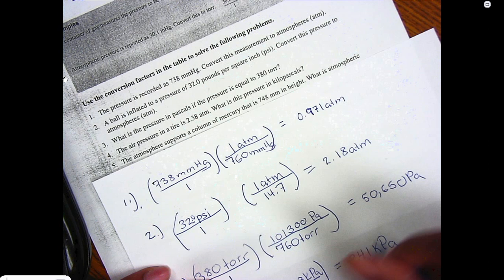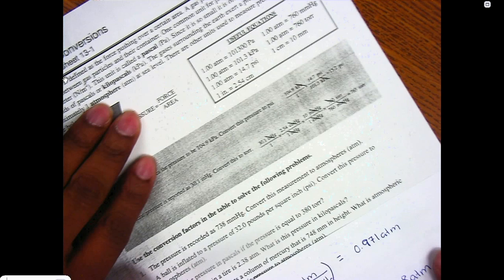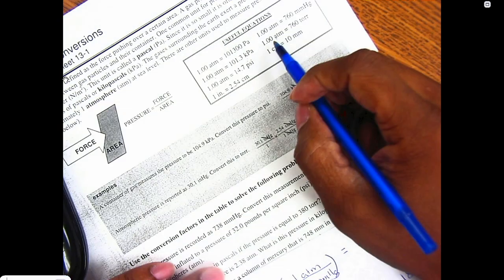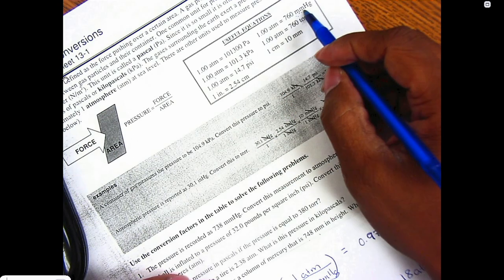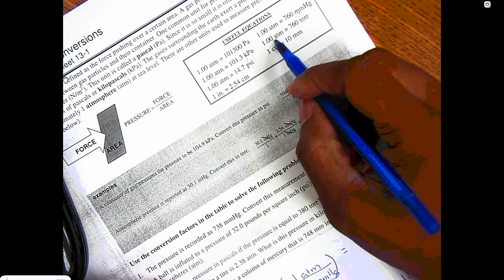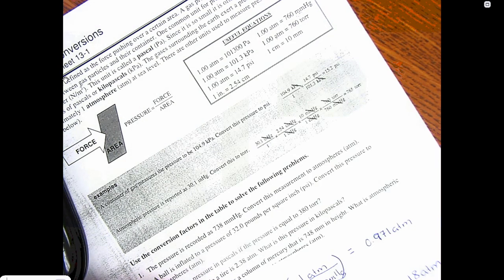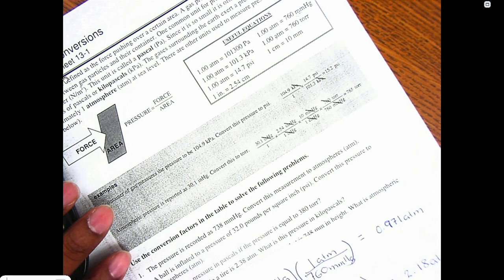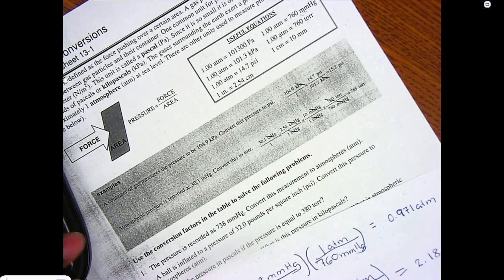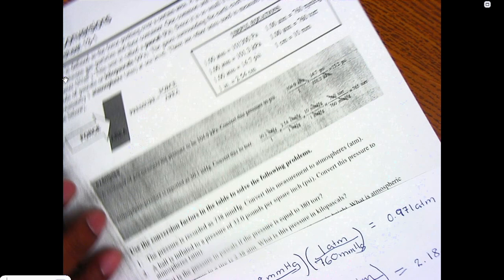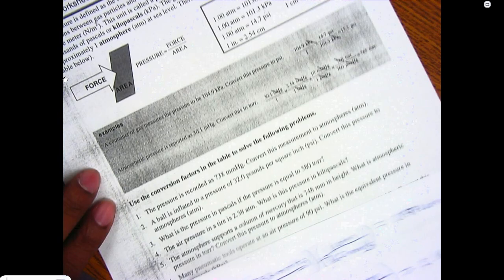Now, I don't know if you can get this from the relationship, but 1 atmosphere is equal to 760 millimeters of mercury. 1 atmosphere is equal to 760 torr. So 760 millimeters of mercury is equal to 760 torr, or 1 millimeter of mercury is equal to 1 torr.